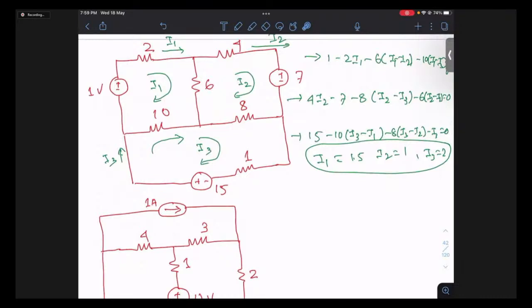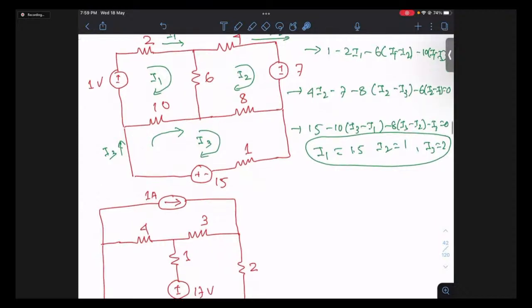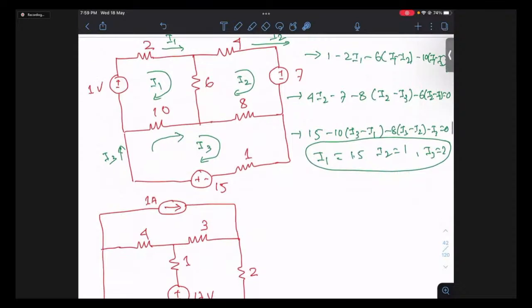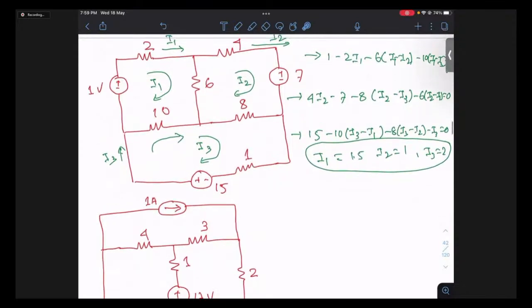So students, actually there is a shortcut. I want to explain the shortcut. See, the shortcut is something like this. I'm defining some terms known as self-resistance and mutual resistance of the mesh.